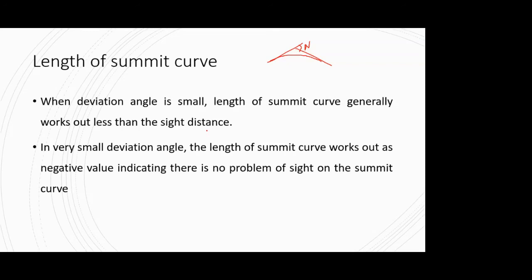So in that case, side distance is more, but your length is less. You don't have a sharp apex, and you can actually see some vehicles coming from the opposite direction. And if that deviation angle is really very small, it is as good as a flat road, and you will not even notice that you are traveling on a vertical curve. So in that case, there is no problem of side distance as such, no issues of sight as such.